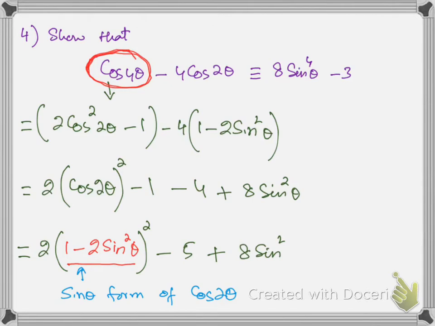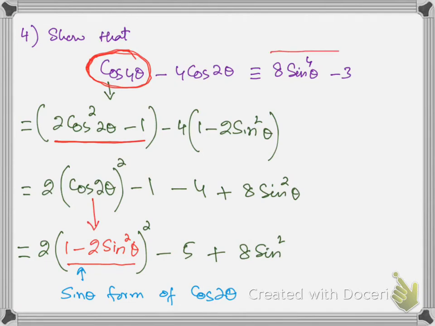So please watch my lecture 2 for double angle formula and for this cos 4 theta thing. So I already have told you when we have cos 4 theta, then we need to use double angle twice. Therefore, we always use cos form of double angle at first time. So always use cos form for cos 4 theta at first time, and then at the second time you need to observe your answer.